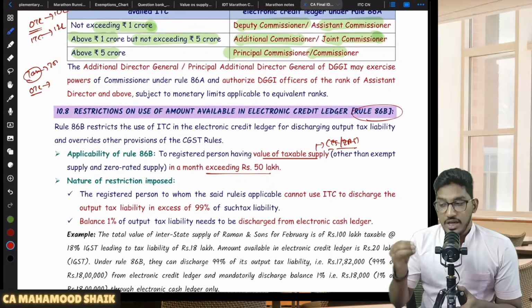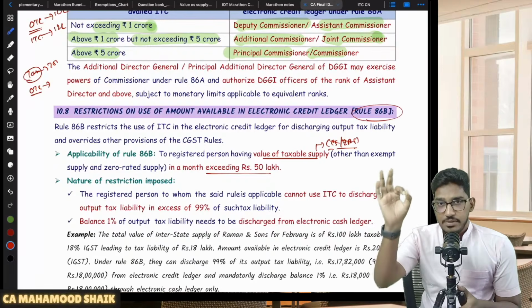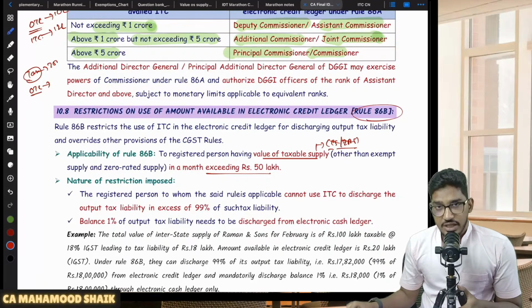You can discharge your output tax liability using input tax credit only up to 99%.